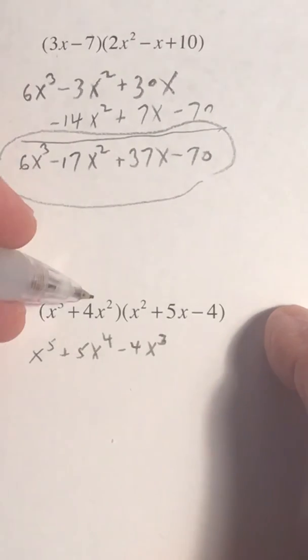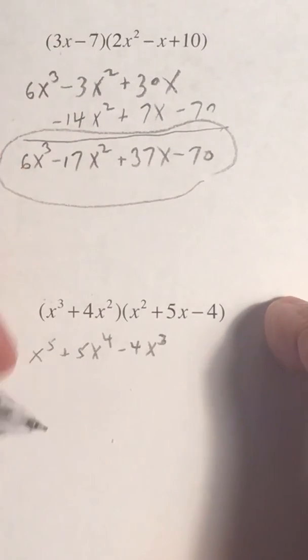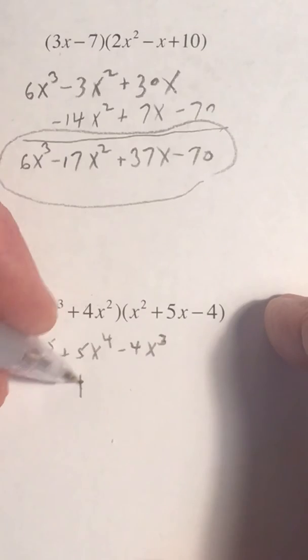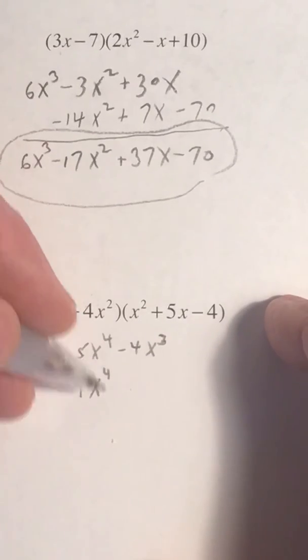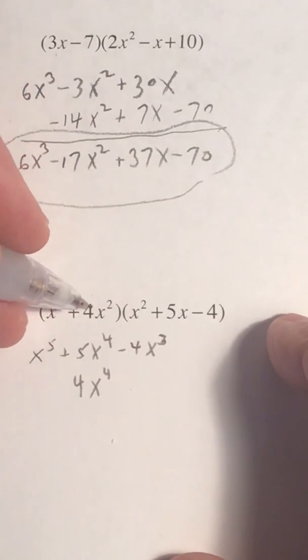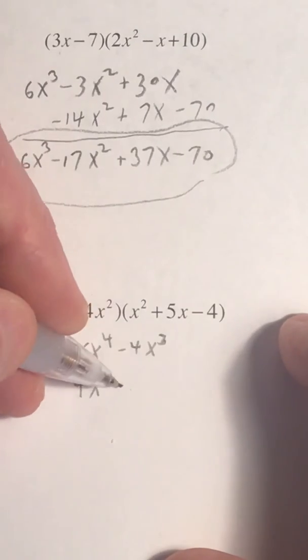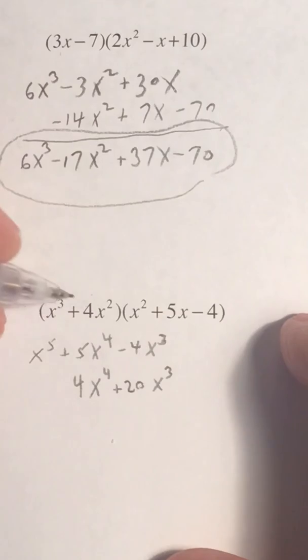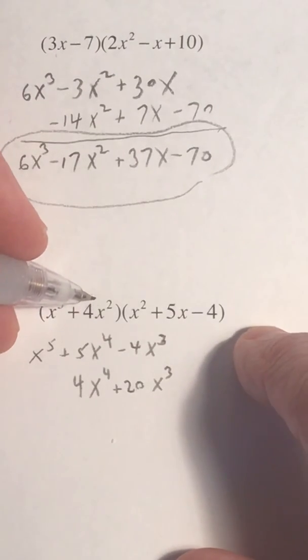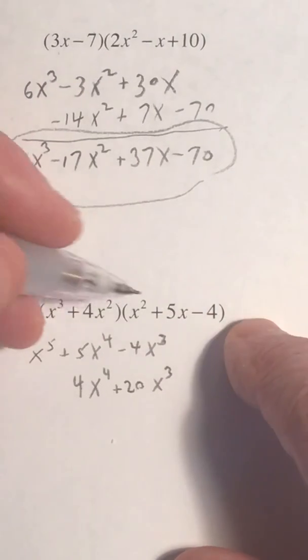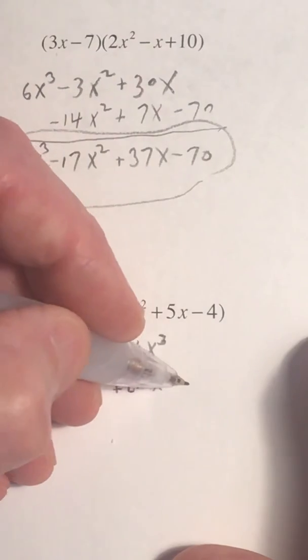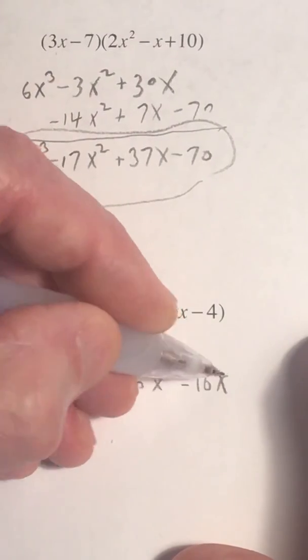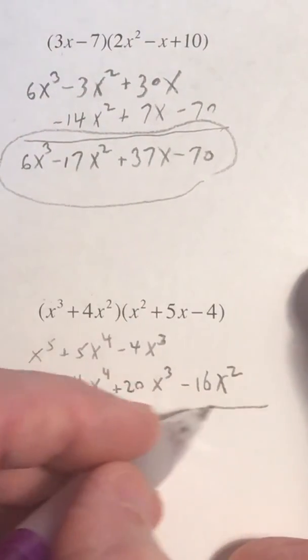Use that up, move over here. 4x squared times x squared, we get 4x to the 4th. Putting that underneath the other x's to the 4th. 4x squared times 5x, you get a plus 20x to the 3rd. And finally, 4x squared times minus 4, we get minus 16x squared.